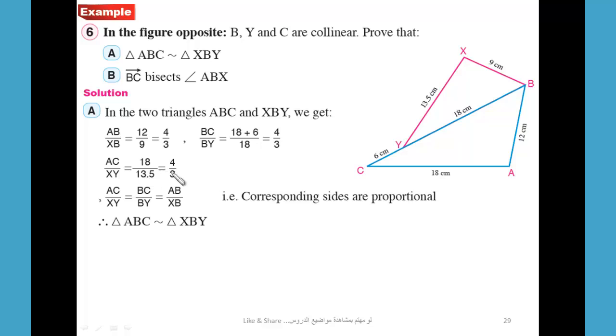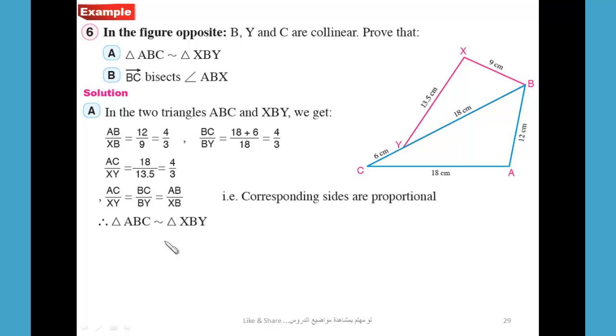So AC over XY equals BC over BY equals AB over XB, all equal the same ratio, 4 over 3. Then corresponding sides are proportional, so we can deduce that triangle ABC is similar to triangle XBY, and this is the first required.